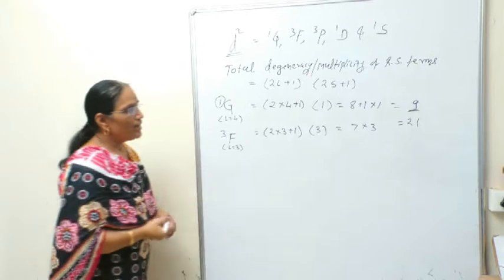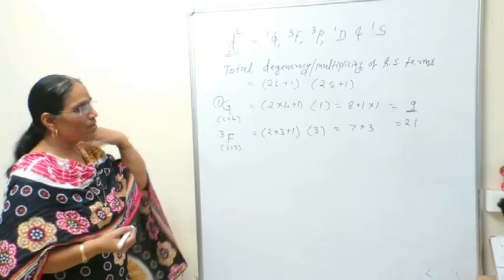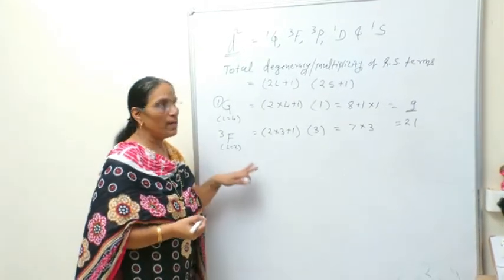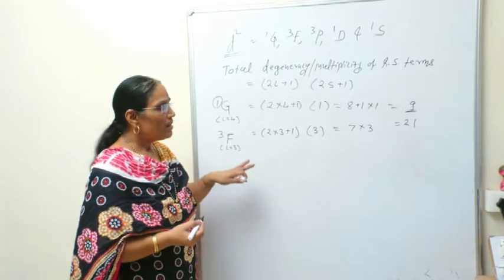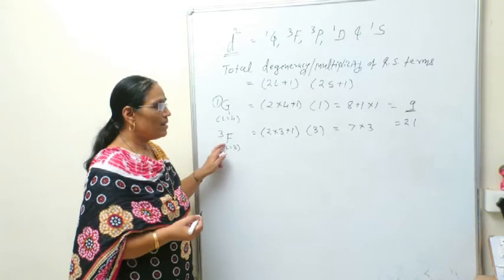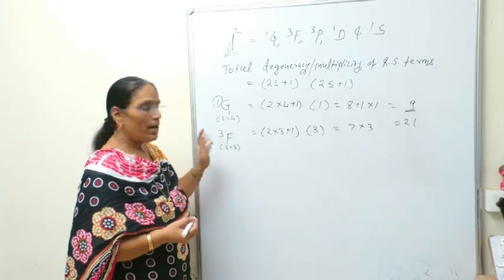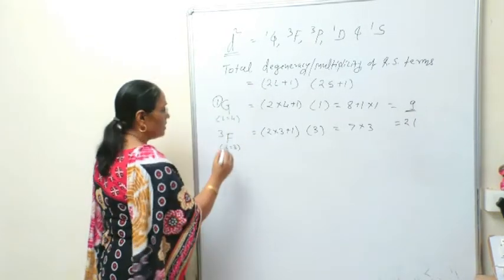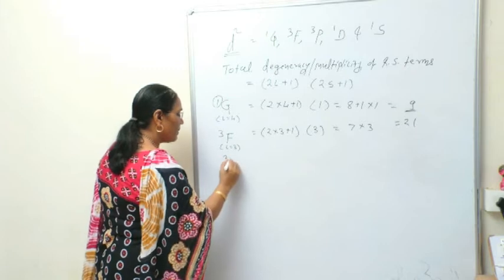So 21 different arrangements of 2 electrons with respect to their different spin values and orbital values come under the term triplet F.